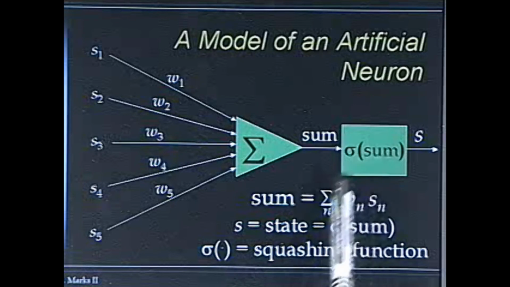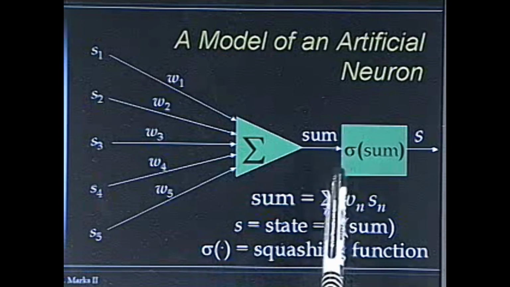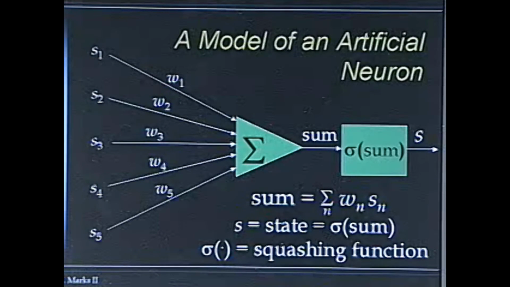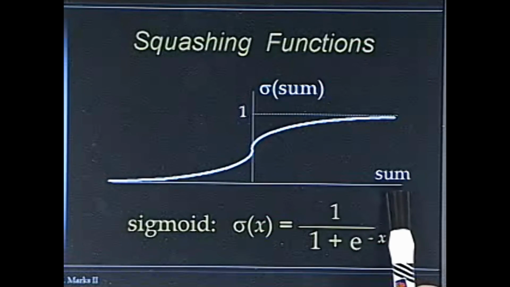Now these are run through a squashing function which we will call sigma. It turns out this sum can take on a huge dynamic range. The purpose of the squashing function is typically to take the dynamic range of this summation and to squash it into a smaller interval. And so the squashing function looks typically something like this. Here could be the summation.